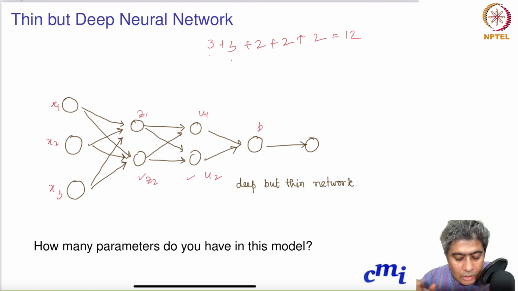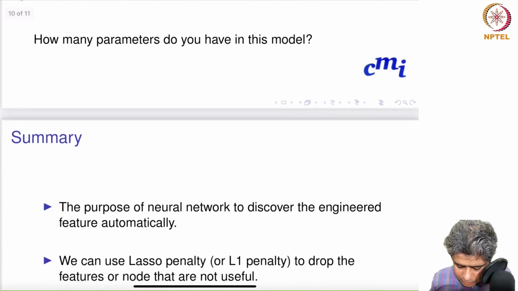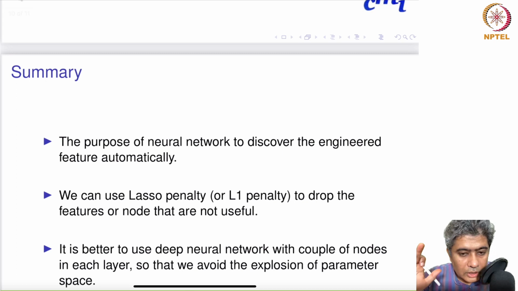And that is the reason that deep learning neural network is more popular than your fat shallow network. Because if you have a fat shallow network with too many nodes, your parameter space may explode.